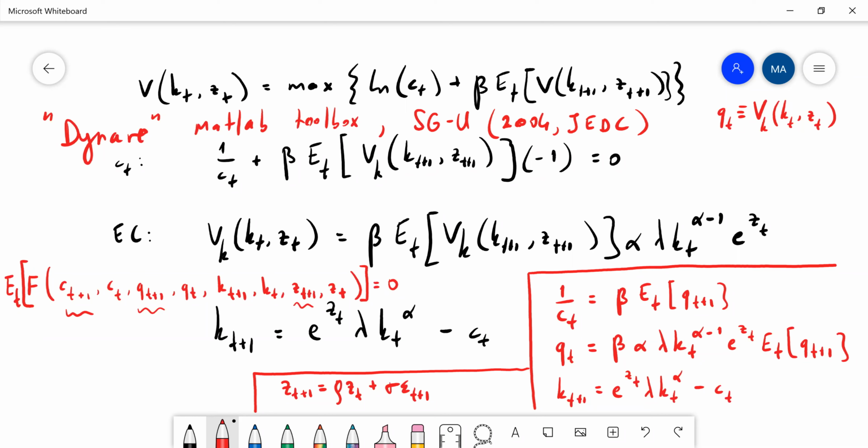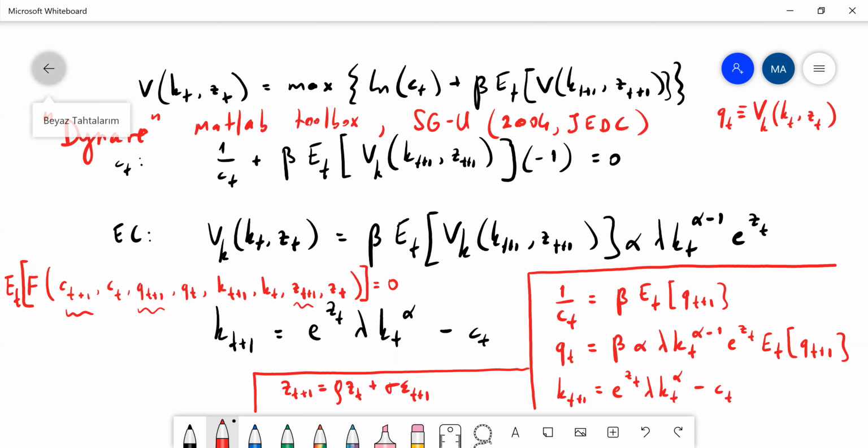For long years, I used that toolbox for solution because I've been at Duke, and Martin Uribe was using his own program, so I used his toolbox. But you can also use Dynare. Dynare's advantage is this, so you can also estimate models with Dynare. Okay, so that's for the practical applications.